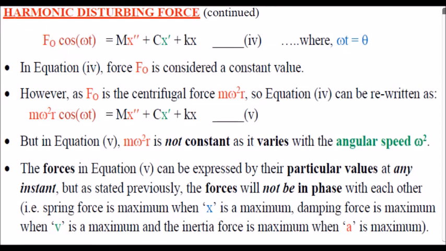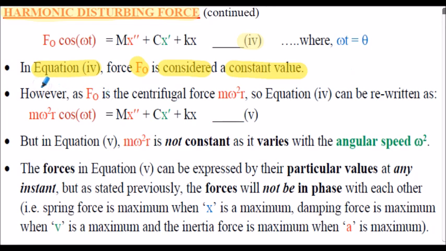Harmonic disturbing forces continued. I've just repeated equation 4 from the previous slide. Now in equation 4, force F0 is considered to be a constant value. Its magnitude is unchanging.